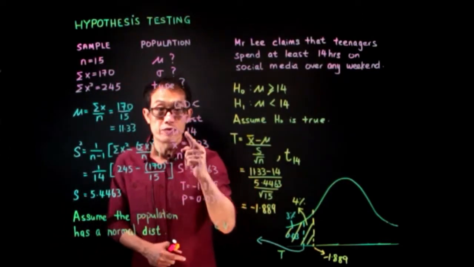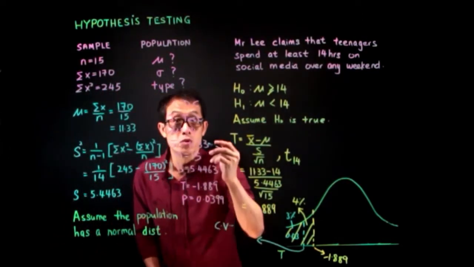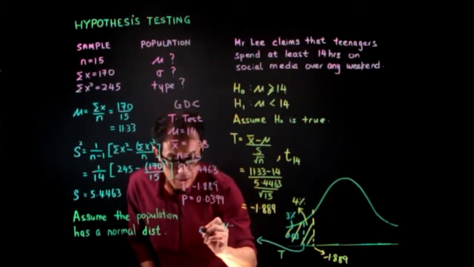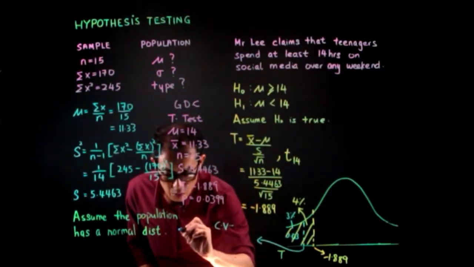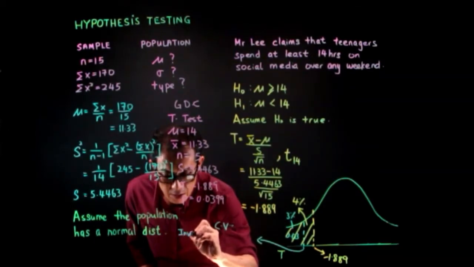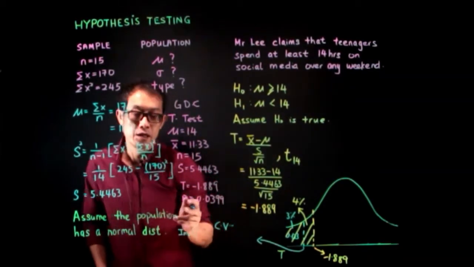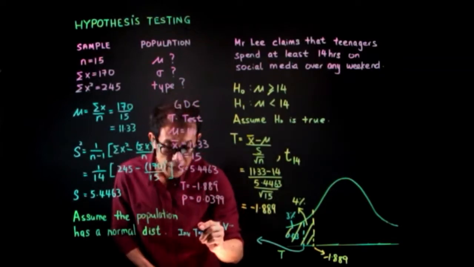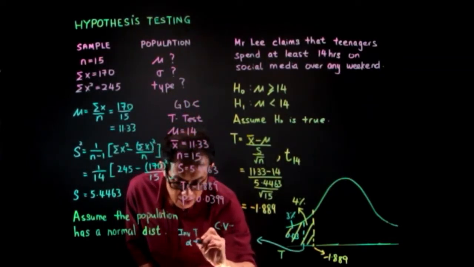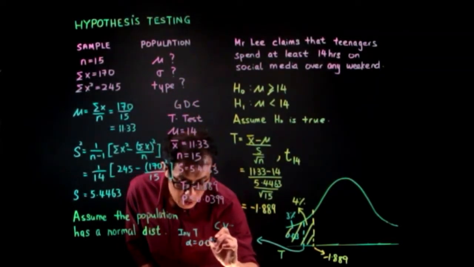You can do it from the GDC. So maybe I just write it here. You go to your inverse t distribution, and over there you key in your significance level 0.03.